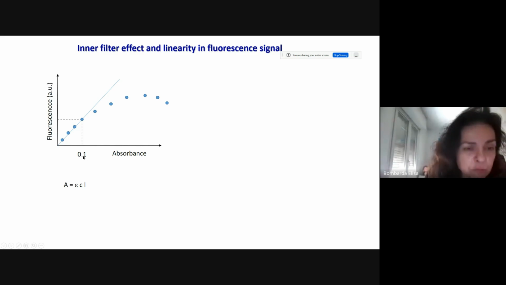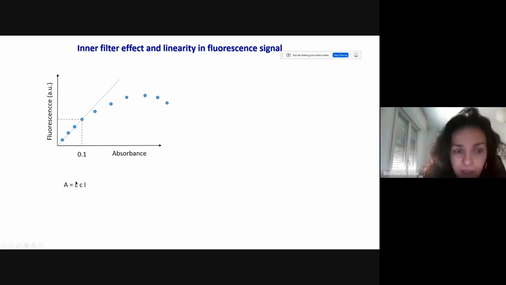So that means that it is given as an absorbance value and not a concentration level, because it depends on the ability of your fluorophore to absorb. That means that it depends on its extinction coefficient.